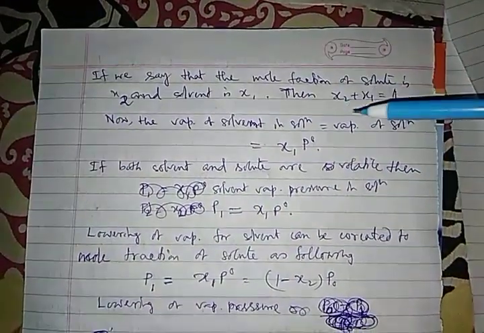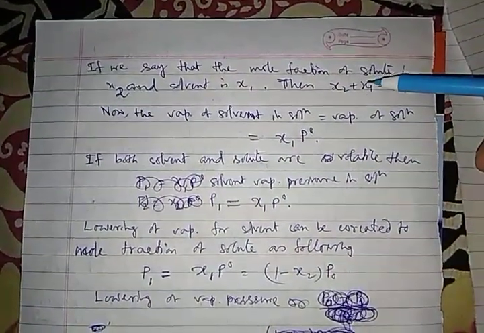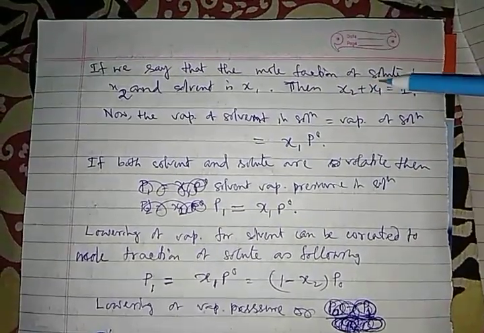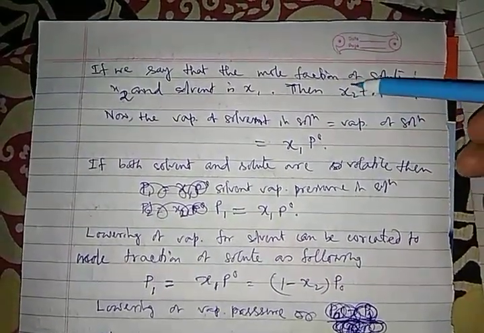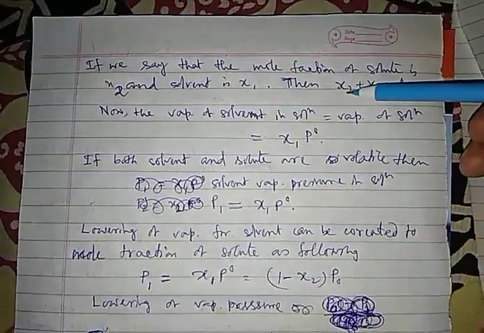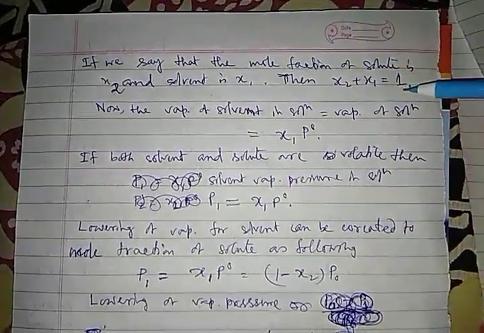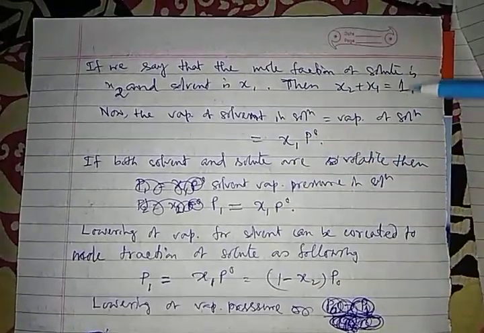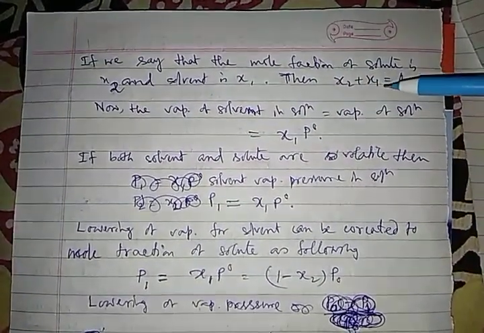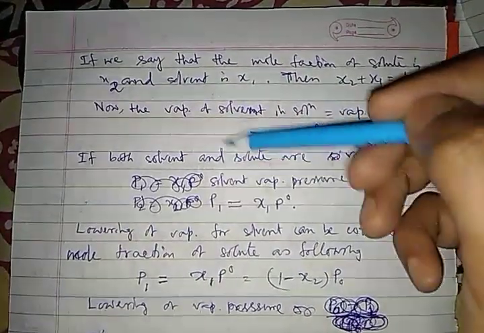Then if X1 is the mole fraction of the solvent in the solution and X2 is the mole fraction of the solute in the solution, then X1 plus X2 will be 1, because the two mole fractions make the total 1.